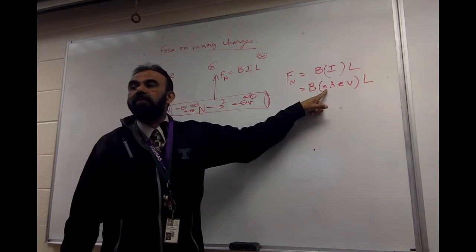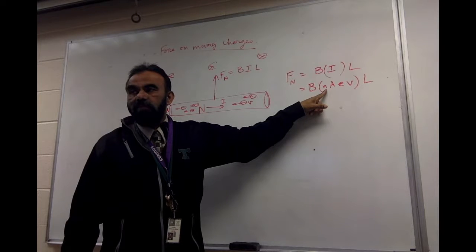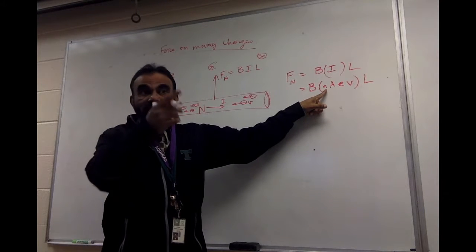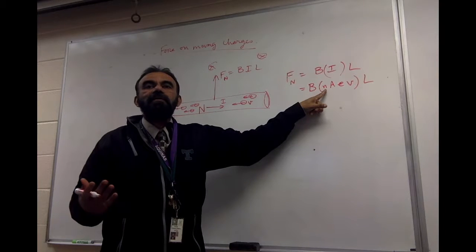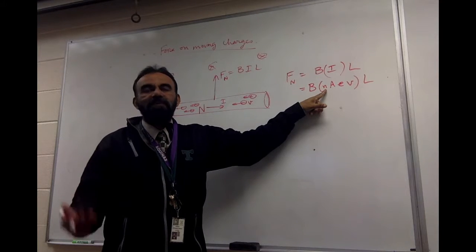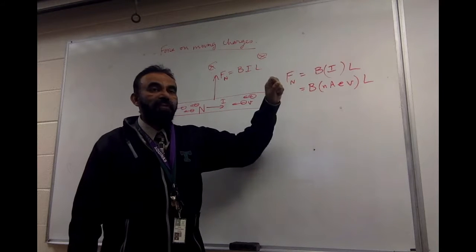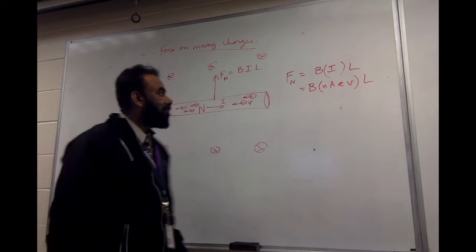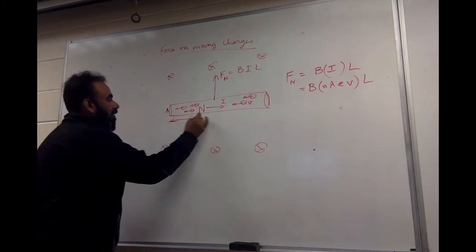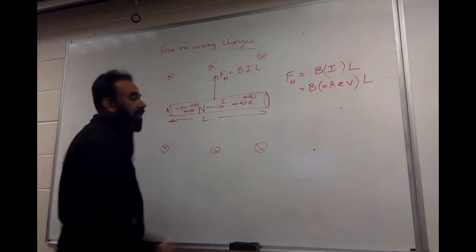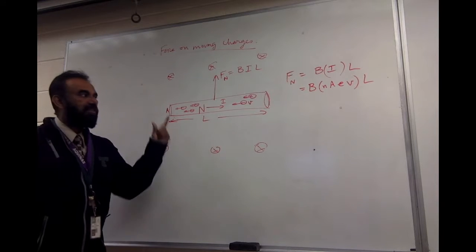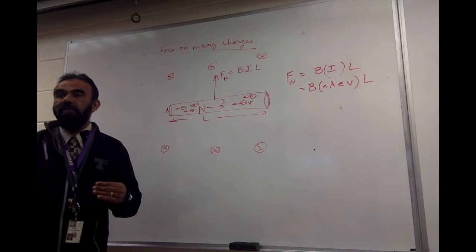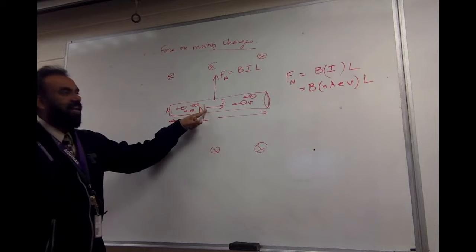What is n? Electron density, which is the number of electrons per unit volume. If the length of this conductor is L and the area is A, the volume of this conductor altogether is AL, and there are N electrons.